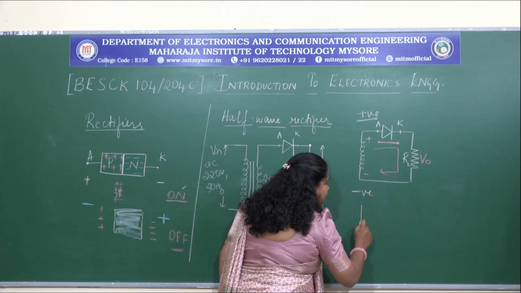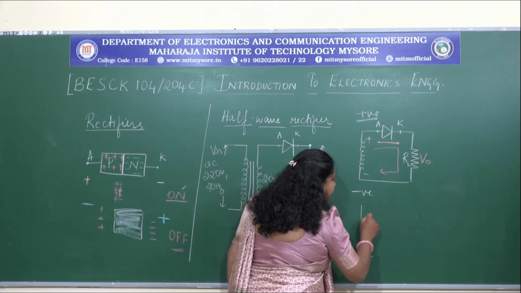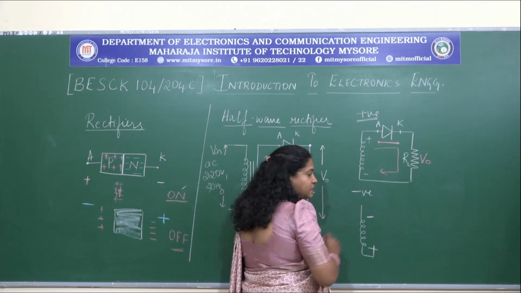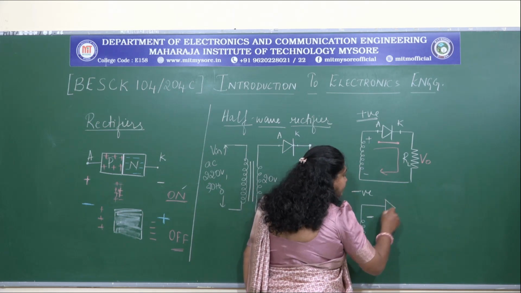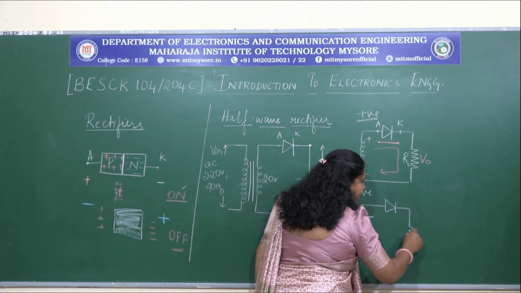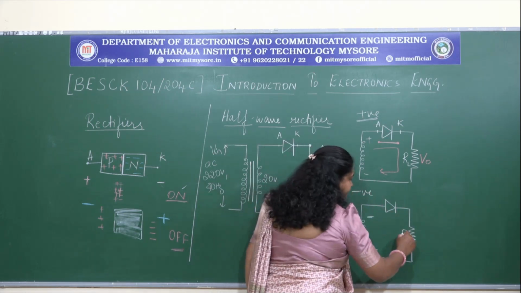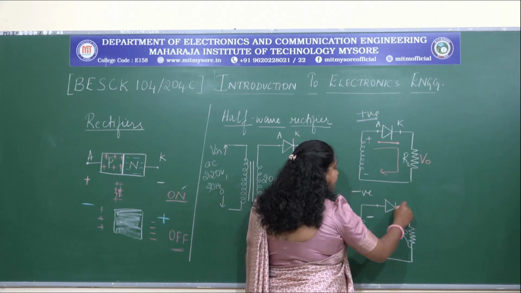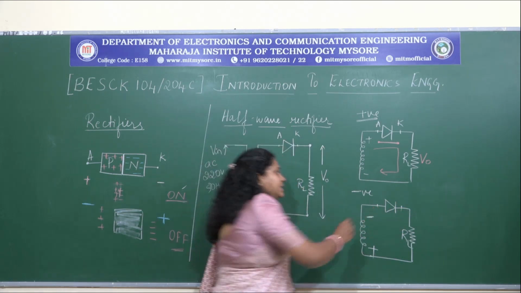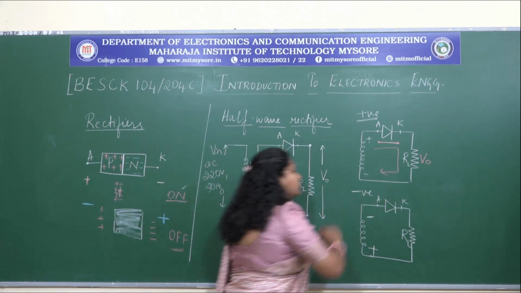Let us analyze that. In the negative half cycle, here let us say it is negative and this is positive. So here we have a diode and we have connected a load resistance RL. Let us say this is anode and this is cathode.